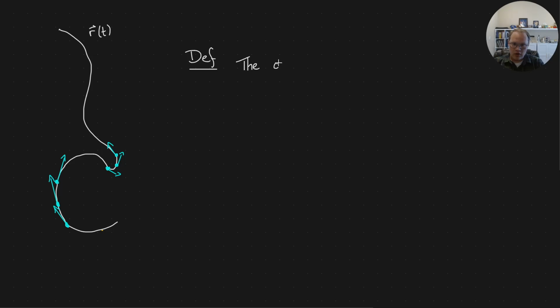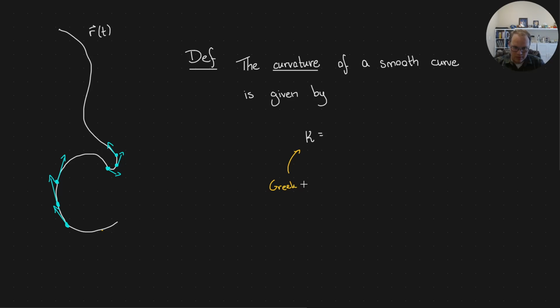So the curvature of a smooth curve is given by, and we use this symbol here, that's the Greek letter kappa. It looks like an uppercase K, but it's sized like a lowercase letter.